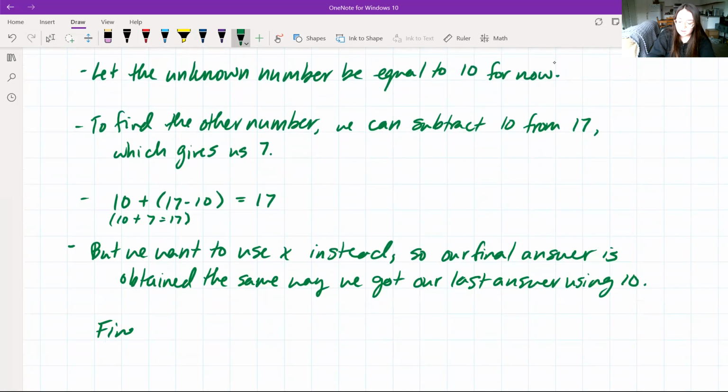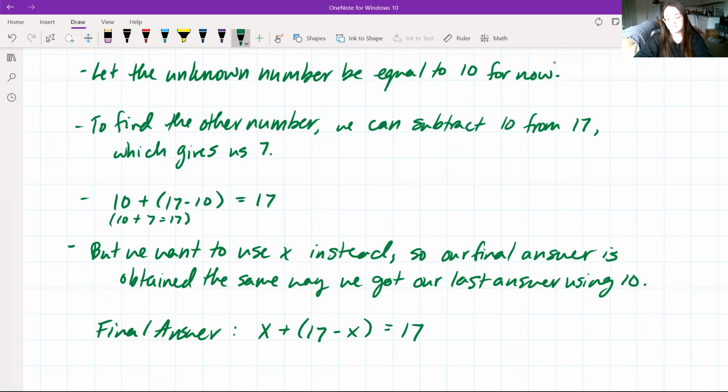So in this case now we're replacing 10 with x. So our final answer is going to be x plus 17 minus x. And this will be our final answer.